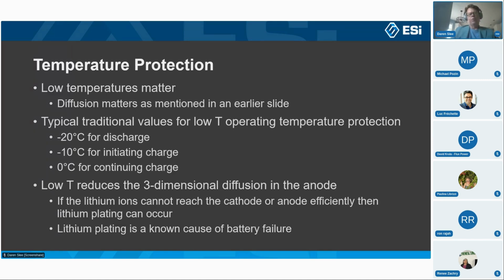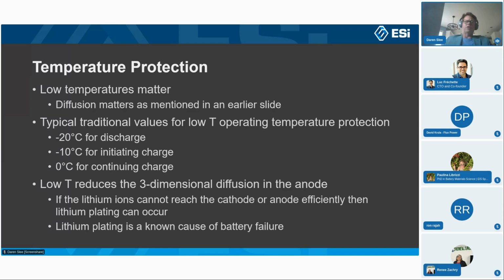So the diffusion concept, where the lithium has to roll into the carbon sponge, so to speak, the diffusion slows down at low temperatures. So these are typical traditional values for discharge and charging.